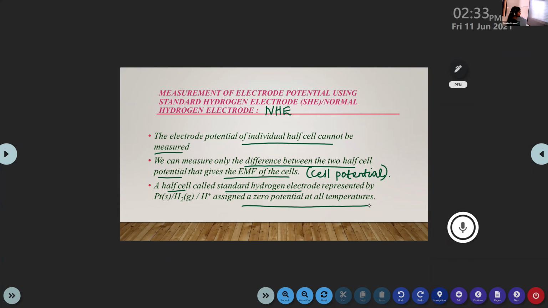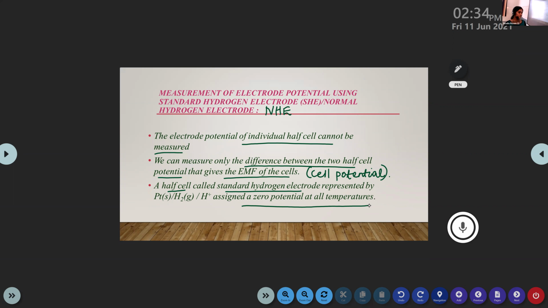Do you have any doubt? I will repeat it once again. We cannot measure individually the value of electrode potential, but we can measure the cell potential. We are using this standard hydrogen electrode as one of the half cells in this reaction, and the value of electrode potential of this hydrogen electrode is arbitrarily fixed as 0.